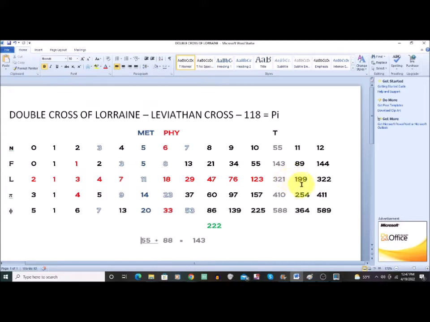Here we have the 199 in the 11 column, which coordinates with the 254th day of the year, which was 9/11. So those two dates here, 187 and 9/11, with the days of the year, coordinate back here under the number 11. Under the number 11, pi is the number 11 with a value of 80.